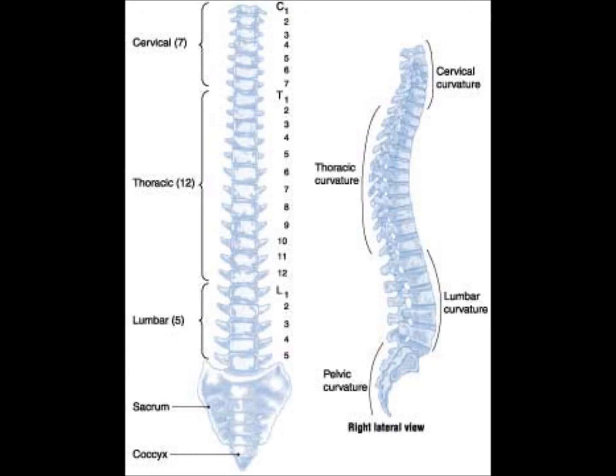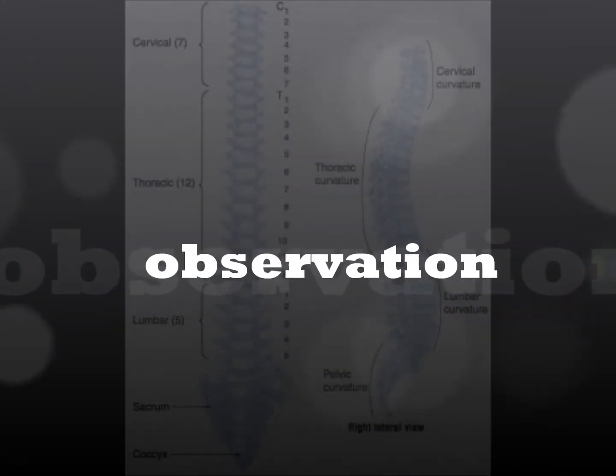Now, as soon as we finish with your history, the first thing we do is observation, and this observation consists of observing your muscle tones. Muscle tone tells you what part of your body has more tone and what part doesn't have enough, and that could also misalign the vertebra.